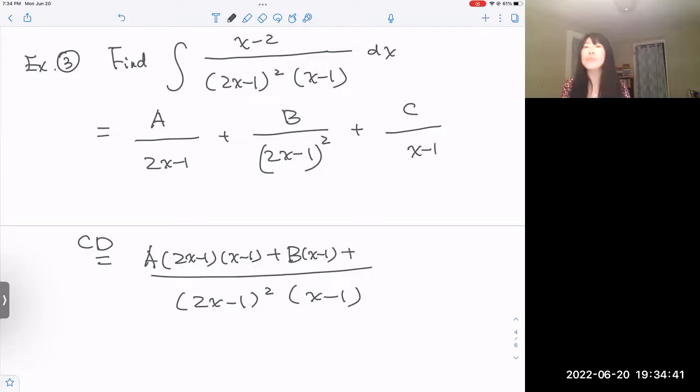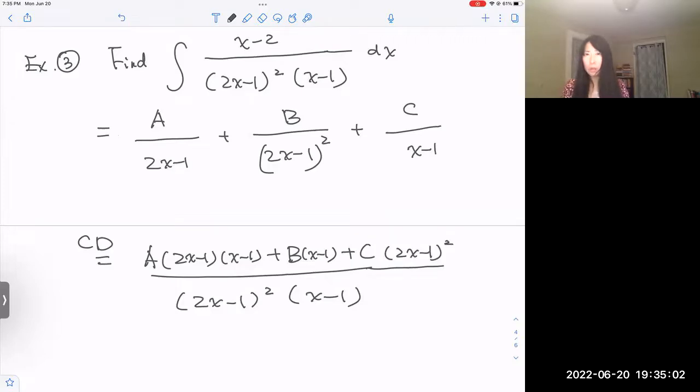And the third term, C, needs 2x minus 1 quantity squared, right?